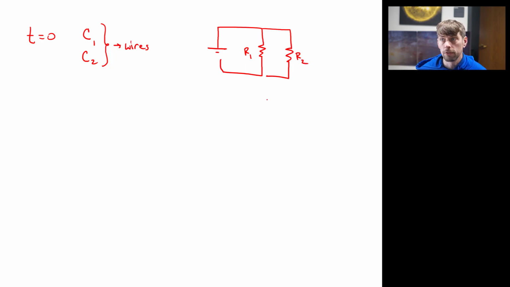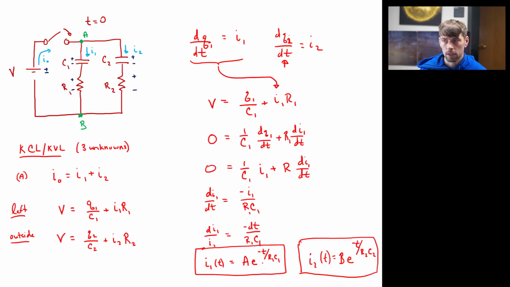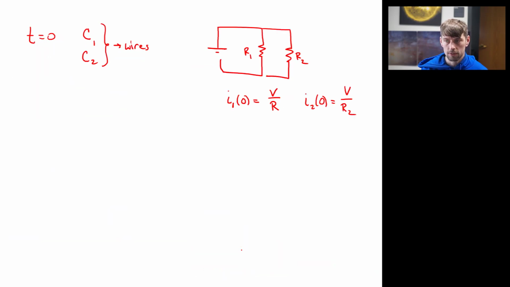Well, if I asked you for the current running through R1, you would say, okay, well, the current I1 at time equals 0 should just be V battery over R1. And similarly for I2, should be V battery over R2. Well, that tells me what my values of A and B should be. Right? At time equals 0, the exponential becomes 1, and that A must make sure to match this value.